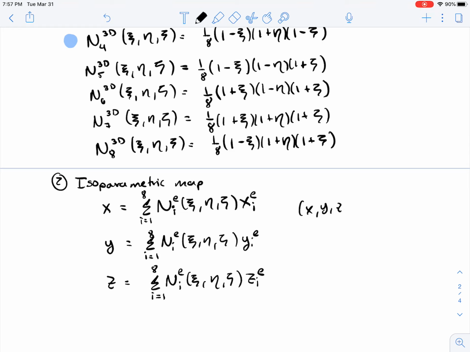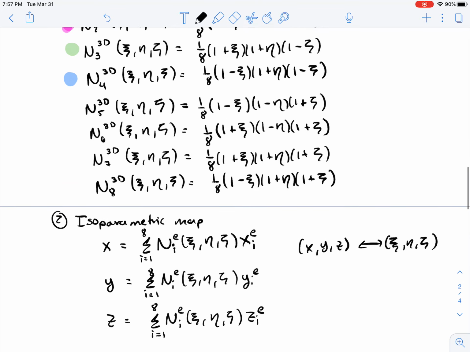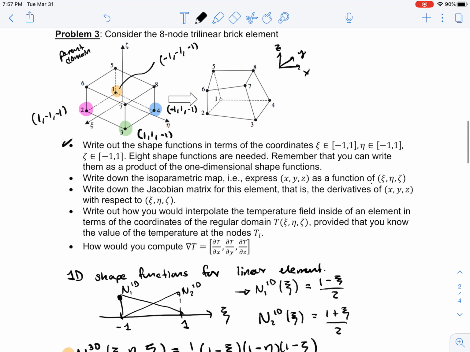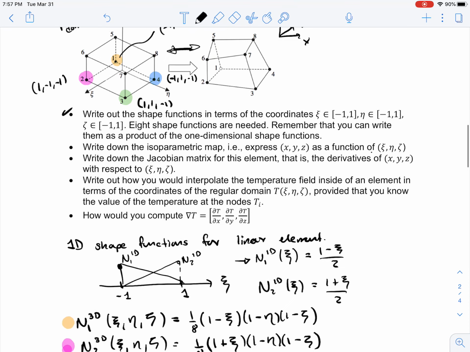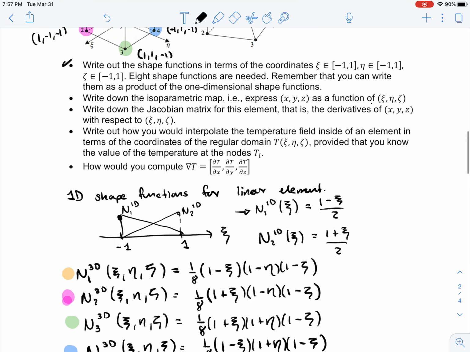So this basically relates a point in the xyz space to a point in the psi, eta, zeta space. That defines this switch between xyz and psi, eta, zeta. So that's the isoparametric map.